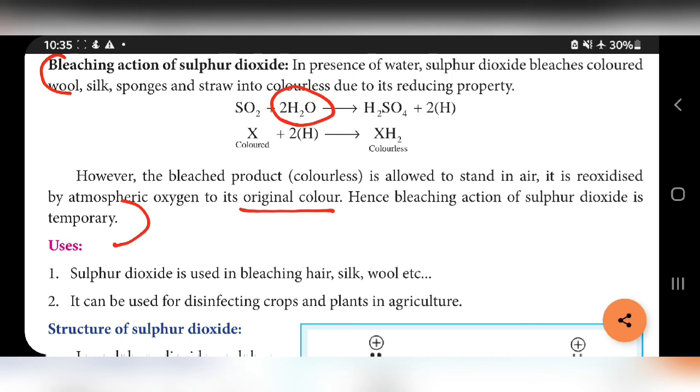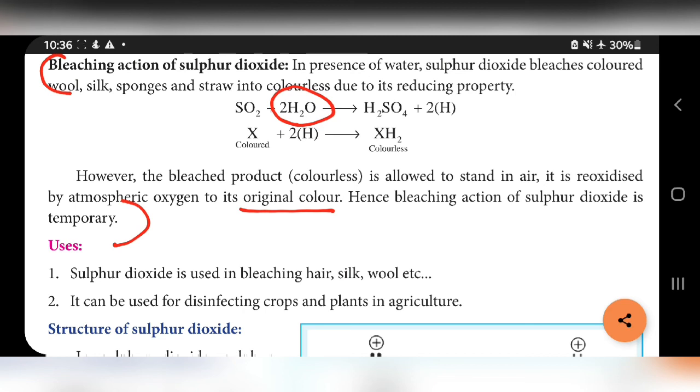We already know the atmosphere contains oxygen. Using that oxygen, the colorless product is oxidized again, meaning it becomes a colored product again. So the bleaching action of sulfur dioxide is temporary. They may ask this question, and you have to write this paragraph fully.